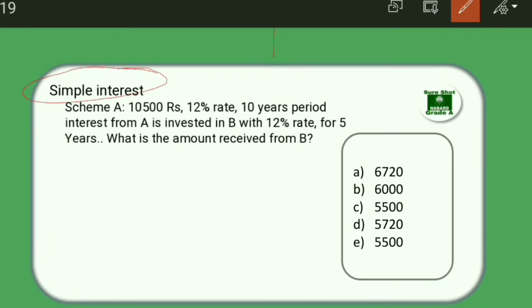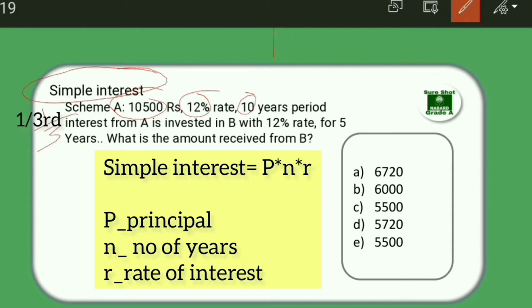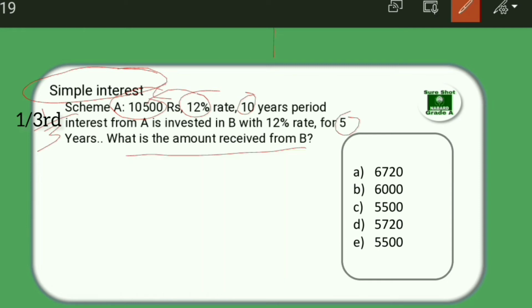Next one is based on simple interest. In scheme A, 10,500 rupees is deposited at an interest rate of 12% for 10 years. 1/3 of the amount from A is invested in scheme B with a 12% rate for 5 years. What will be the amount from B after these 5 years? So we need to find the interest from A. 12% of 10,500: 10% would be 1050, 1% would be 105, so 2% is double that, 210.